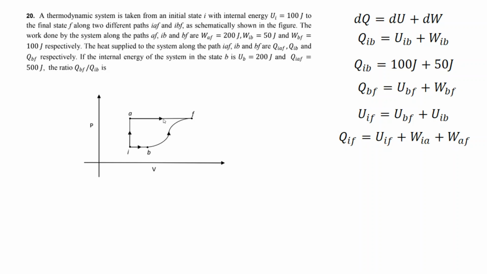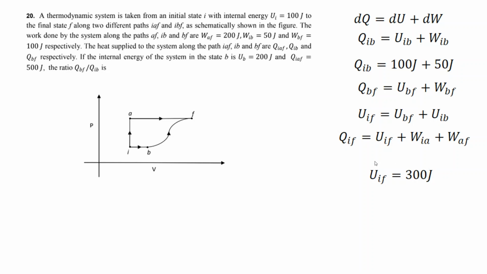WAF is already given, that is 200 joule, and QIAF is equal to 500 joule. So from this equation you get UIF is equal to 500 minus 200, that is 300 joule.